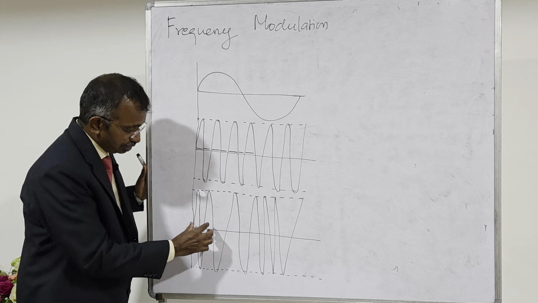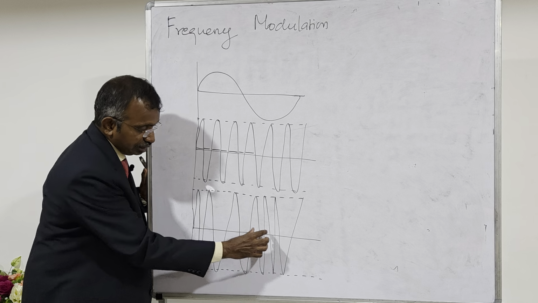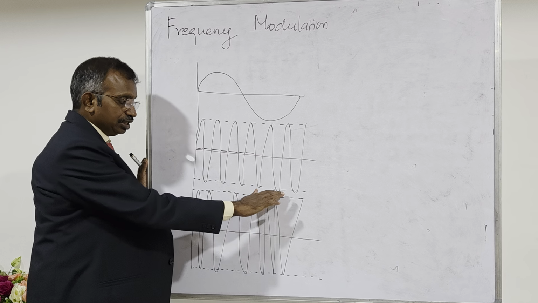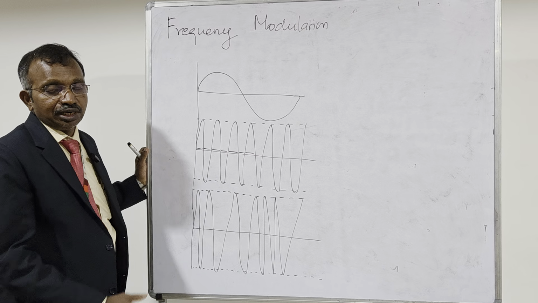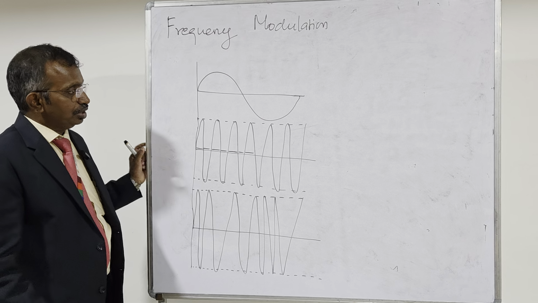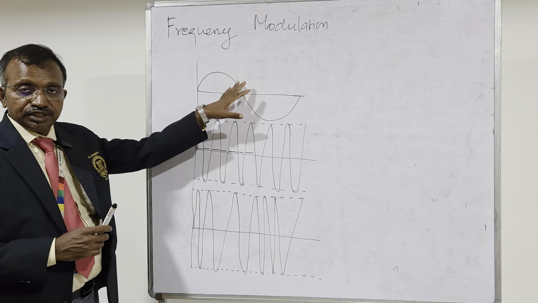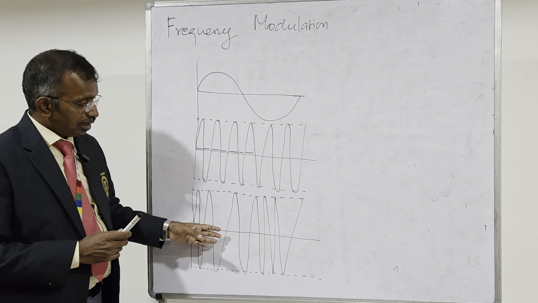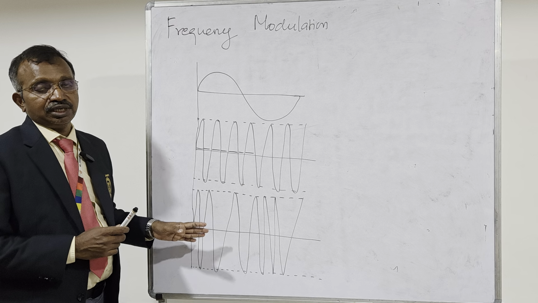The frequency information is contained in the zero crossings, whereas the amplitude of the FM signal remains the same. There will be no big differences in the amplitude. Suppose you switch off this message signal, then at the output I will get the same carrier signal.